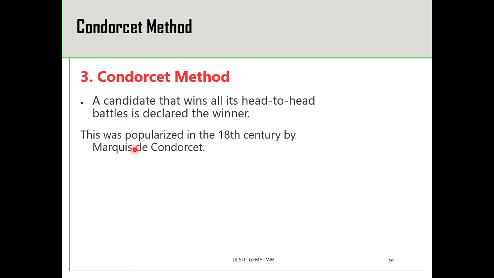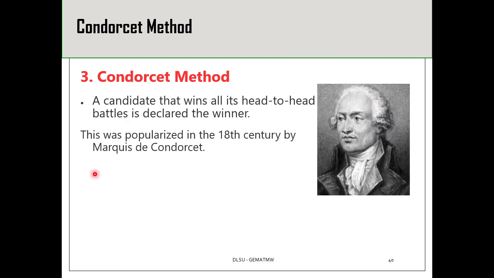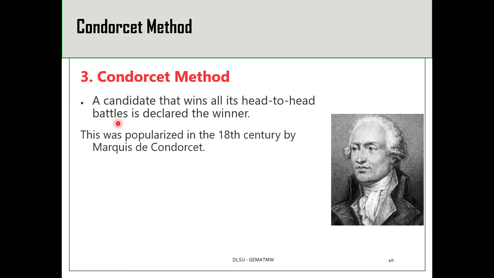In Condorcet method, a candidate that wins all its head-to-head battles is declared the winner. This was popularized in the 18th century by Marquis de Condorcet. So in the Condorcet method, if a candidate wins all its head-to-head battles against other candidates, then that candidate is declared the winner.